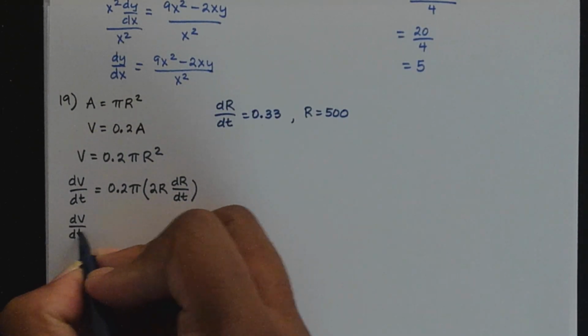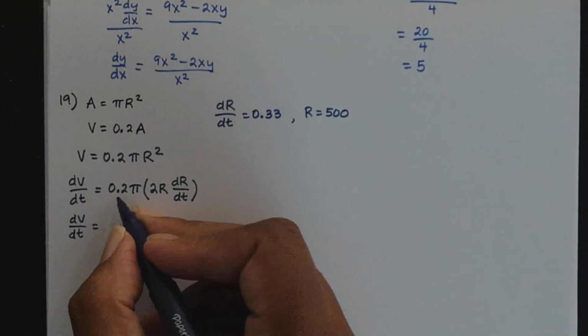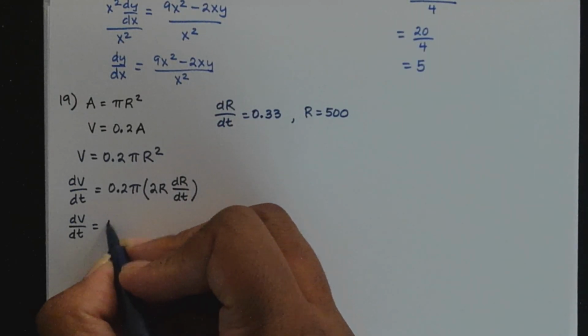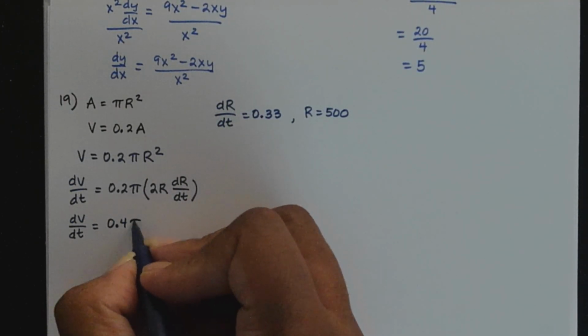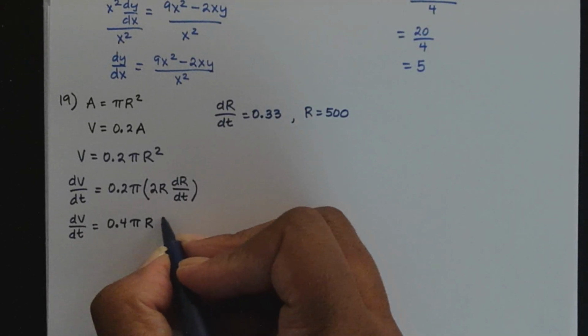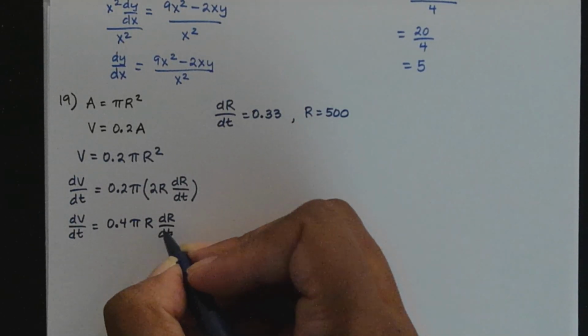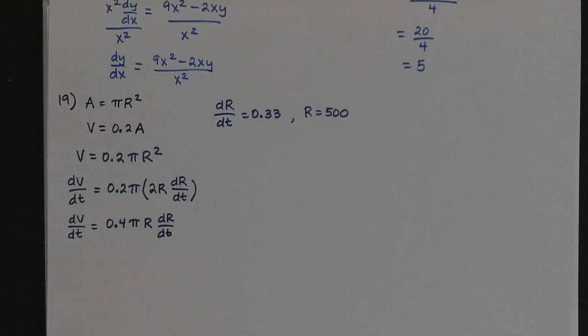And if I simplify this a bit, 0.2 times 2 would be 0.4, I believe. So it'd be 0.4 times pi times r times dr/dt.